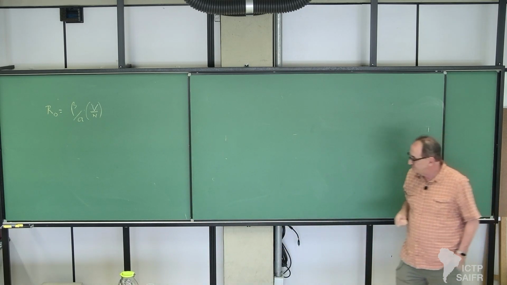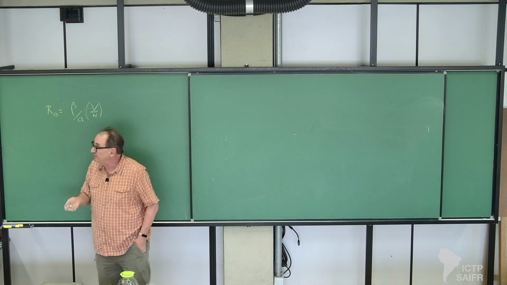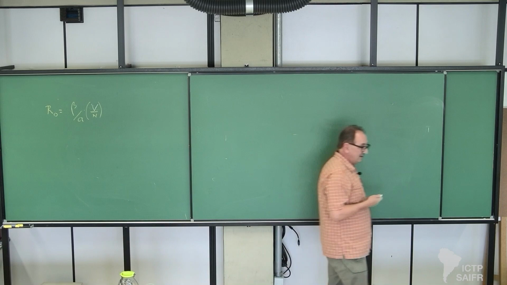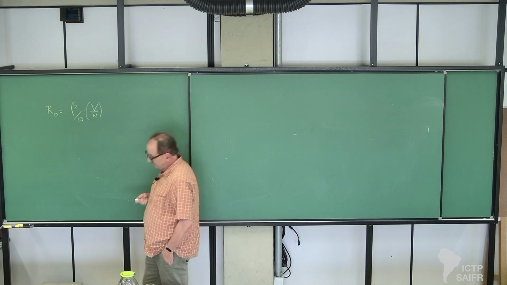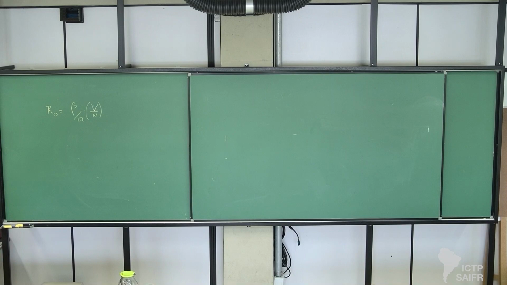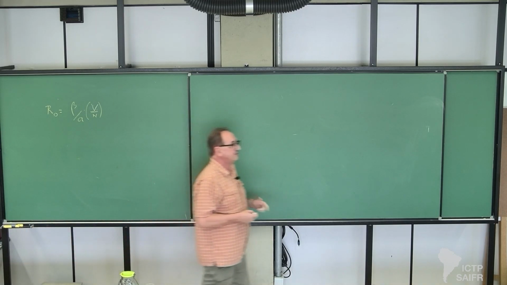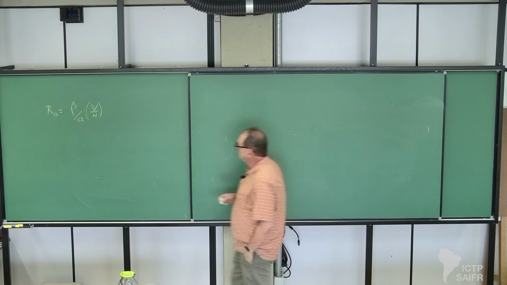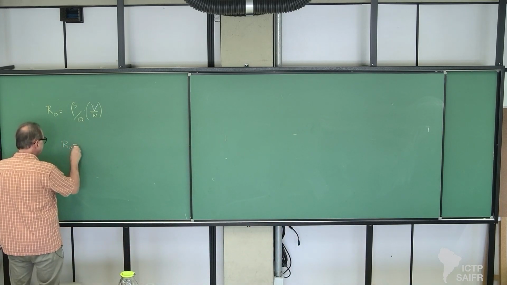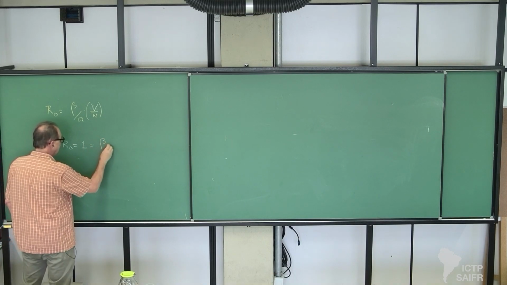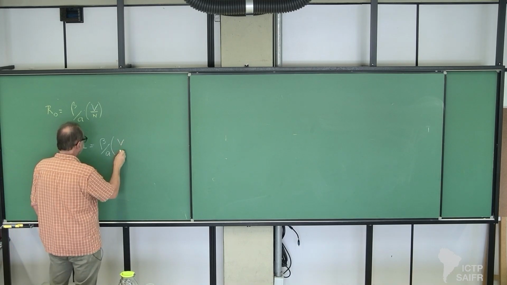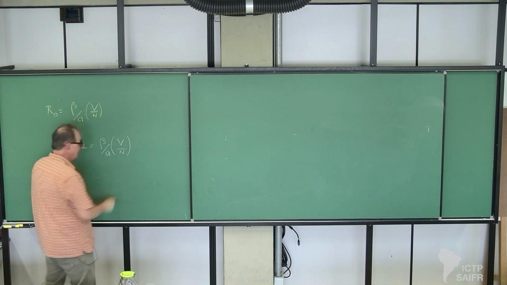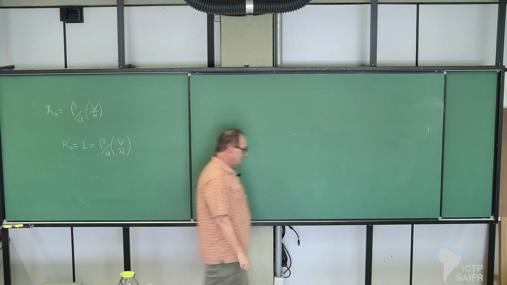Now we want to know how many people I have to vaccinate in order to lower R0 below 1. The threshold value is 1.